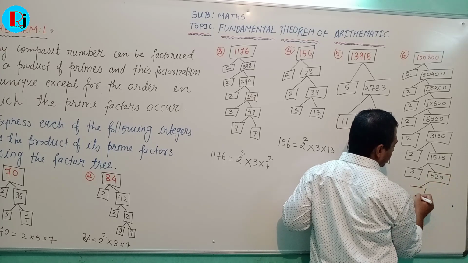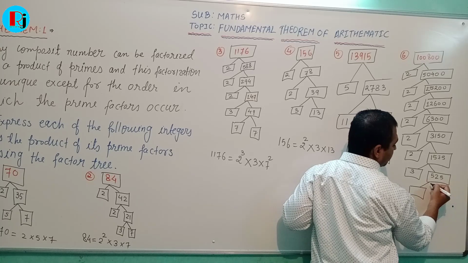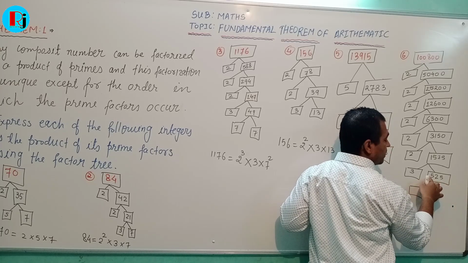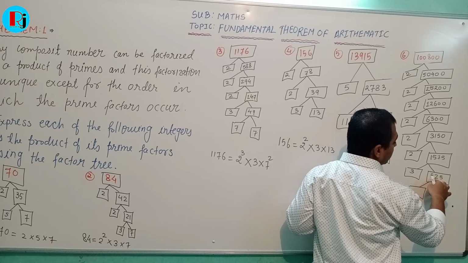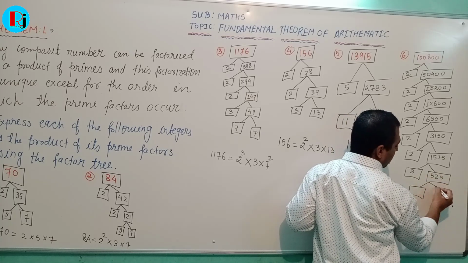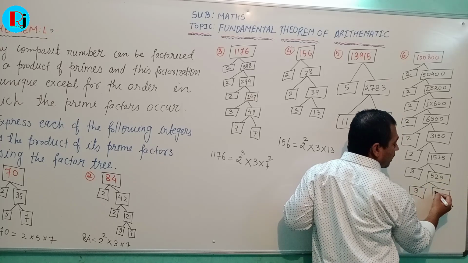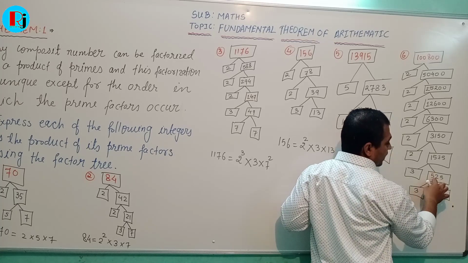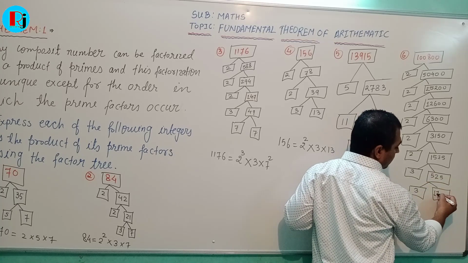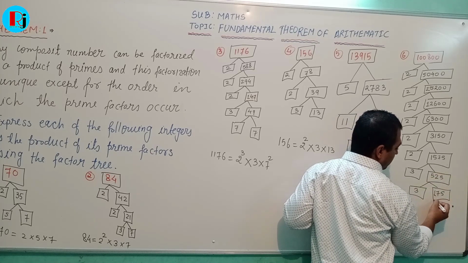Now students, this number can be divisible by 3 or 5. So first of all trying with 3, 3 1s are 3, 22 will be there, 3 7s are 21. Again it is divisible by 3, 3 1s are 3, 22 will be there, 3 7s are 21 and 15 will be there, 3 5s are 15.